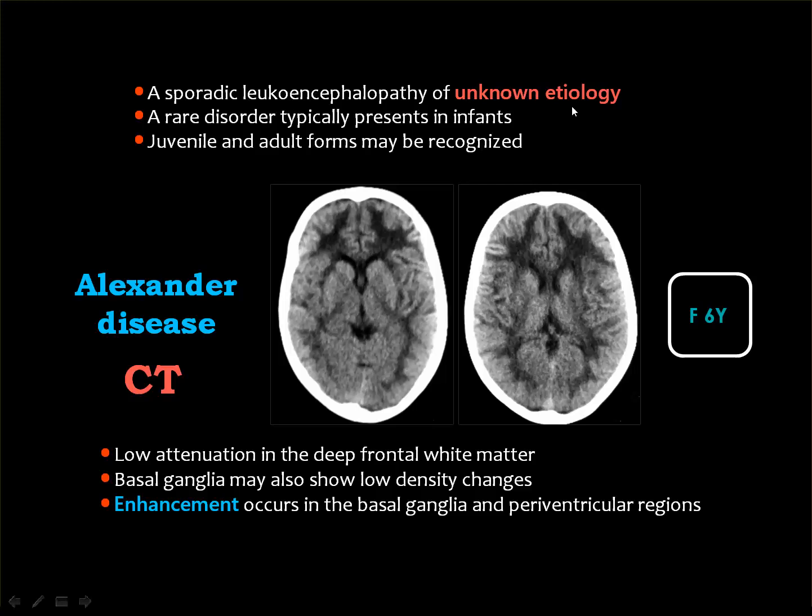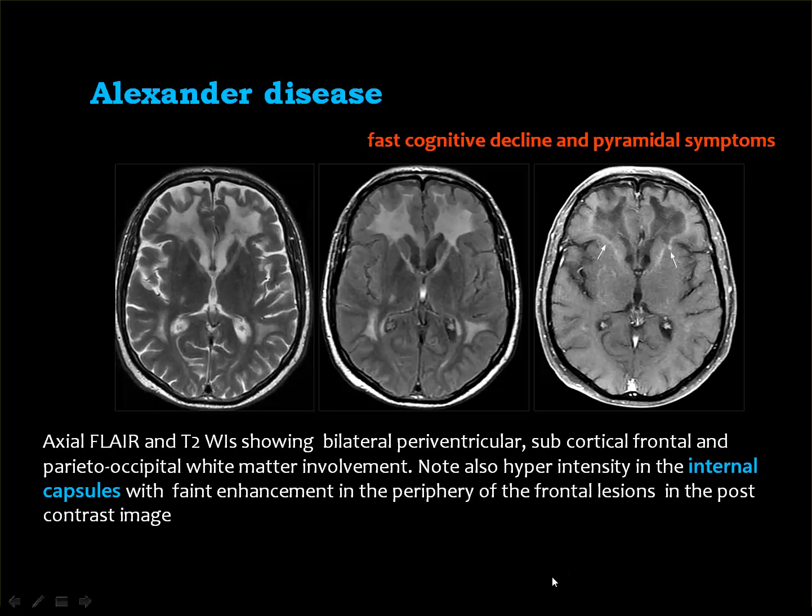The etiology is unknown, and the prominent feature here is the involvement of the frontal lobes, much more evident compared to the posterior parts of the brain. Enhancement is also one of the prominent features of this disease.